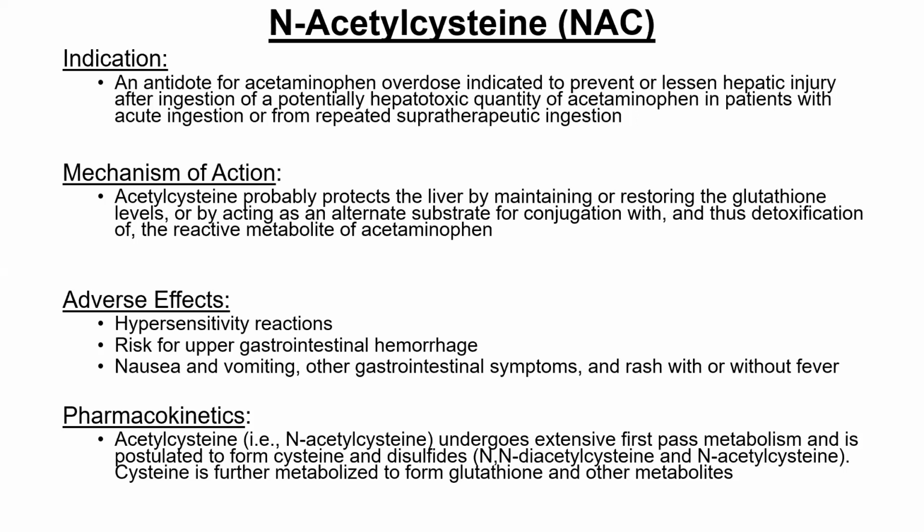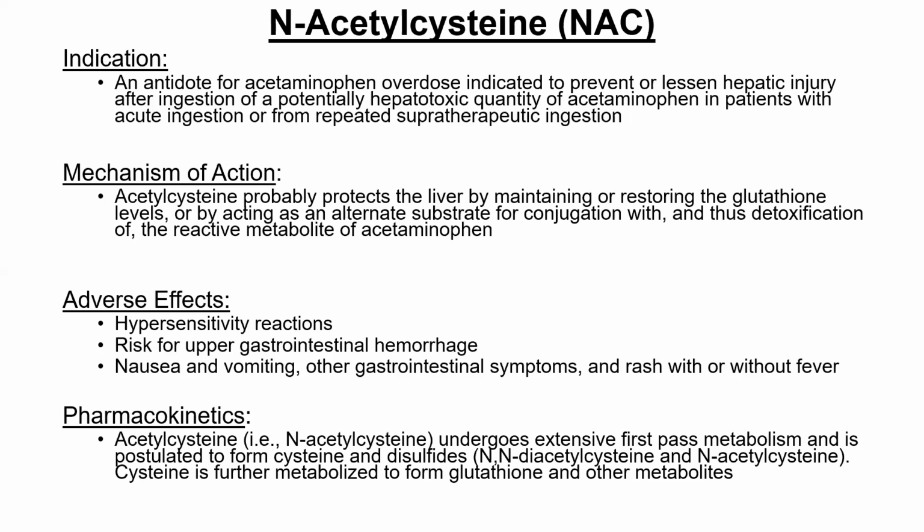One, your body uses glutathione to get rid of the toxic intermediate, so this drug helps facilitate regeneration of glutathione. So it helps make more glutathione available to neutralize the toxic metabolite. At the same time, it also binds directly with the toxic metabolite to detoxify it and prevent it from causing damage. So there are 2 ways N-acetylcysteine helps reduce toxicity of acetaminophen overdose.